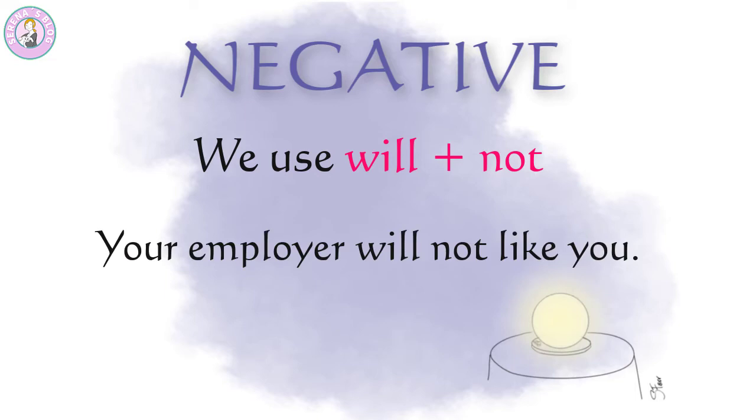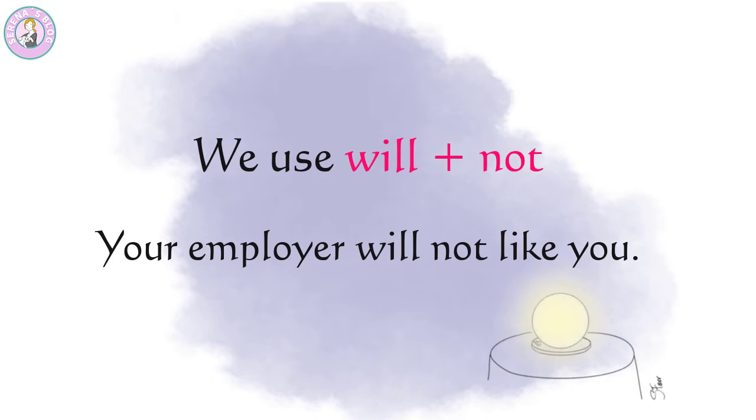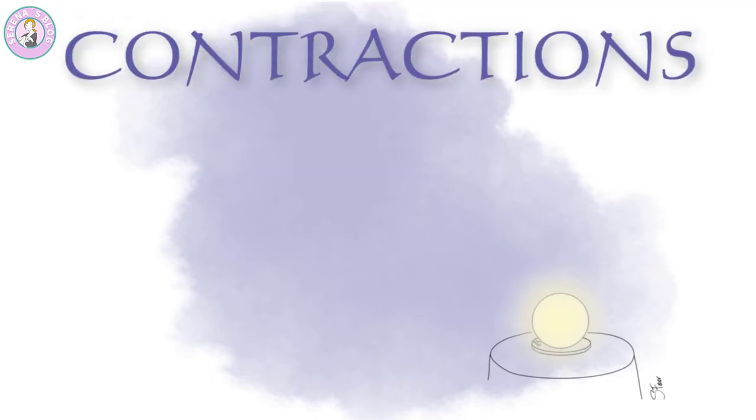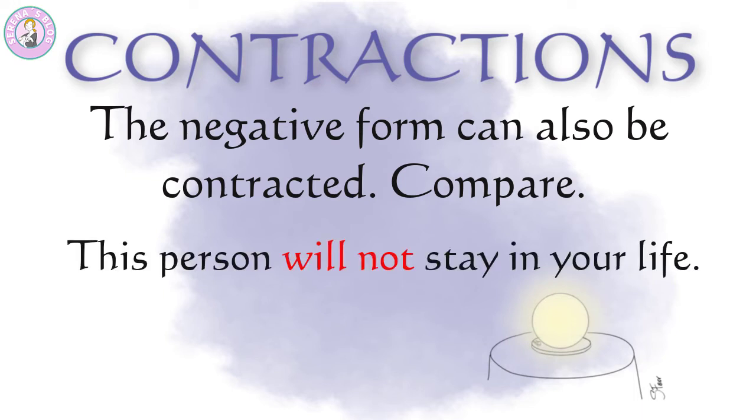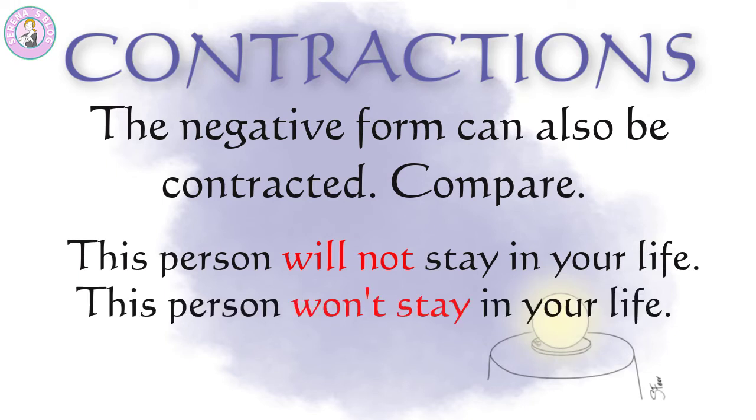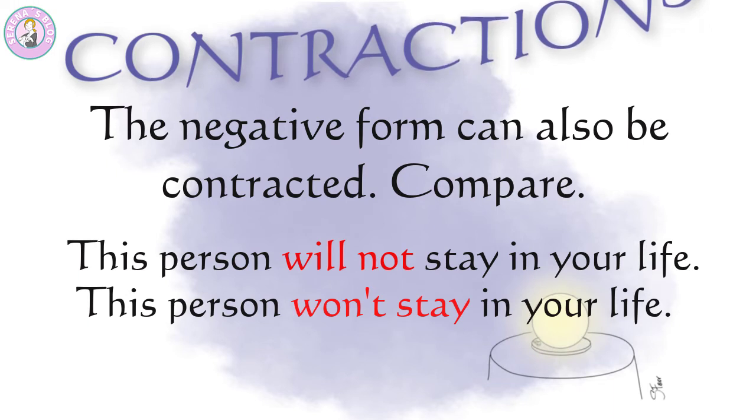Your employer will not like you. Contractions. The negative form can also be contracted. Compare these sentences. This person will not stay in your life. This person won't stay in your life.